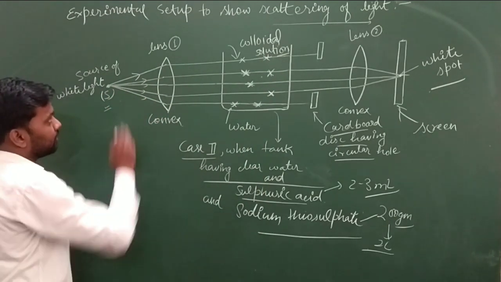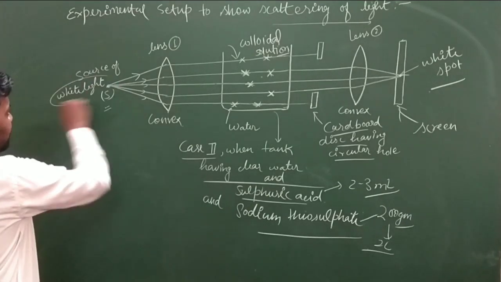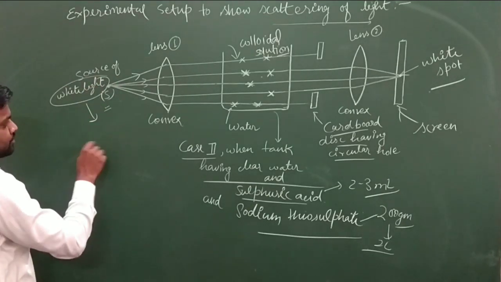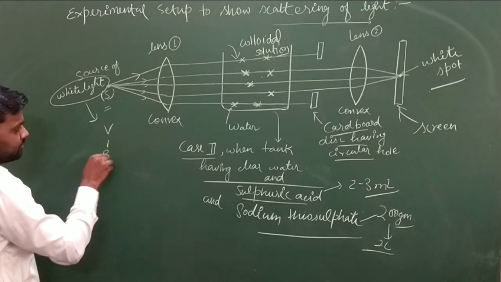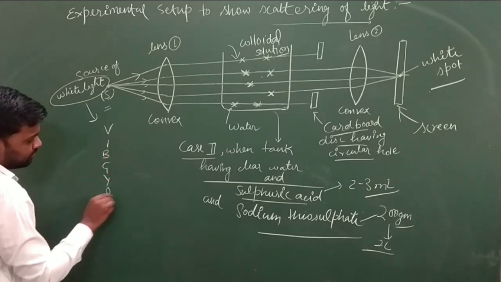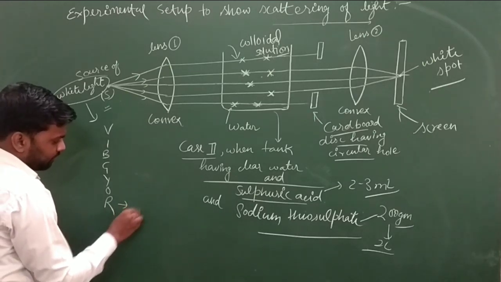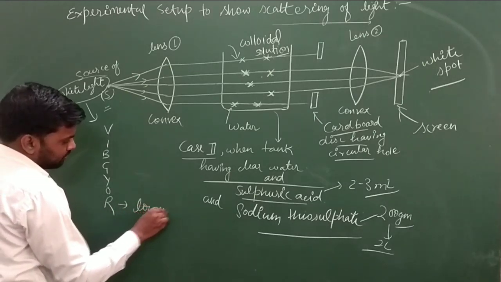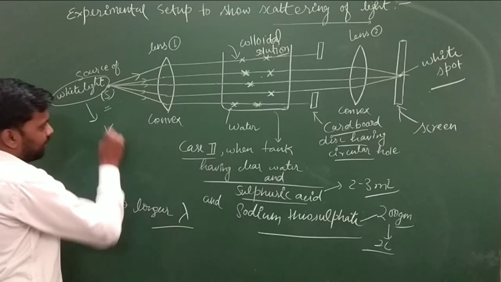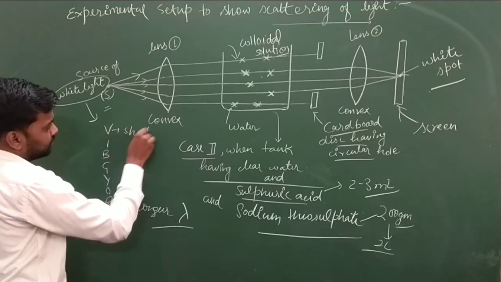As we know, white light contains the 7 constituent colors, and we know red has the longer wavelength, lambda, while violet has a shorter wavelength.